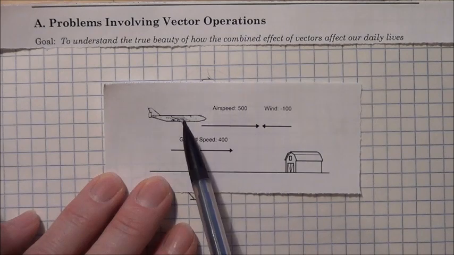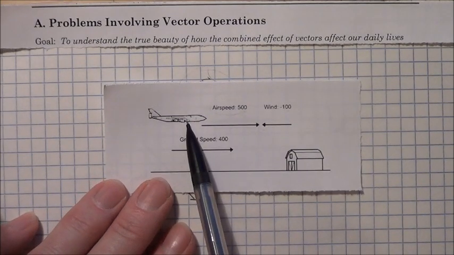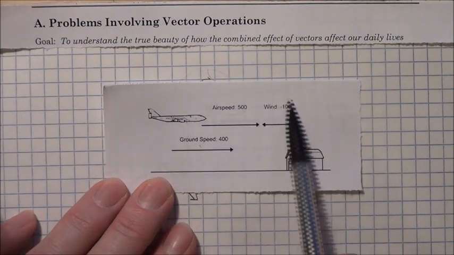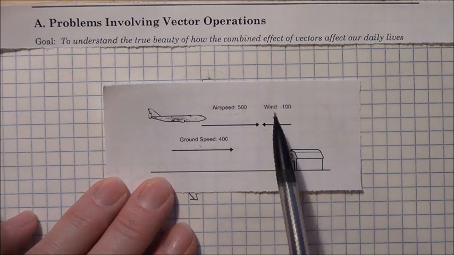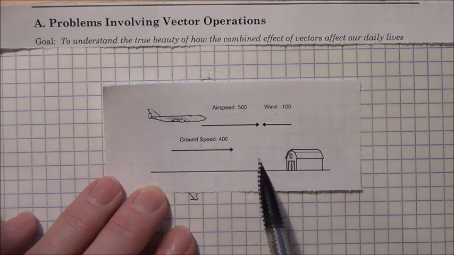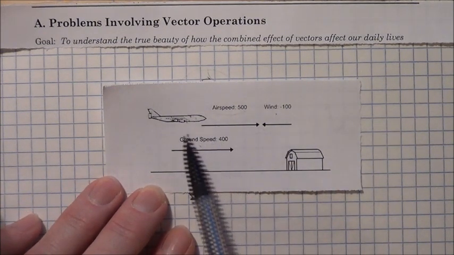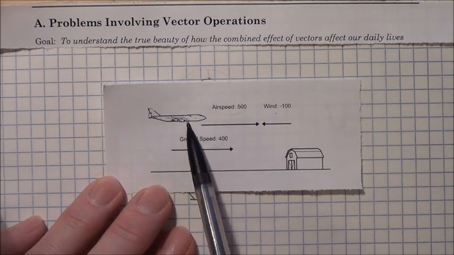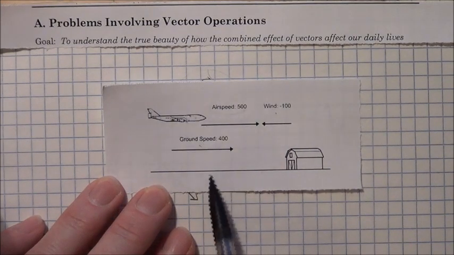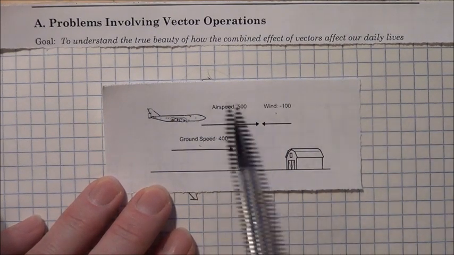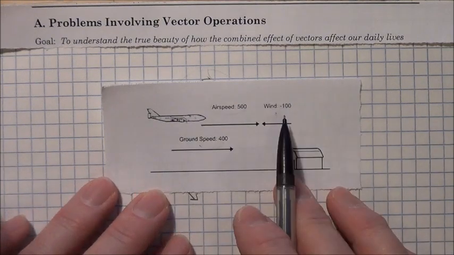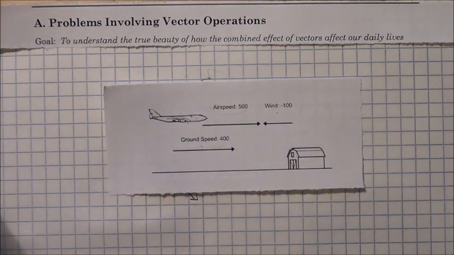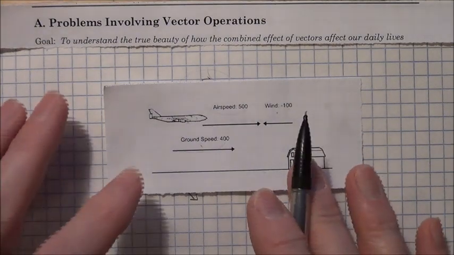So this airspeed is the speed of the plane with respect to the air. The wind is the speed of the air with respect to the ground, or the earth. And then the resultant is actually the ground speed of the plane, which is the resultant speed, or velocity, of the plane with respect to the ground. Okay, so we're going to be looking at some scenarios like that. So that's one of the more basic ones.